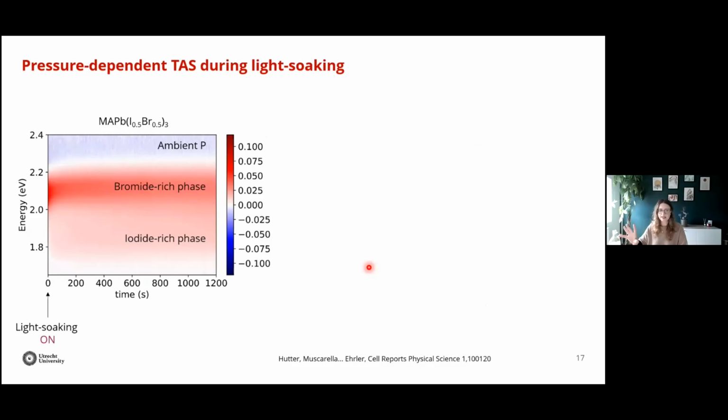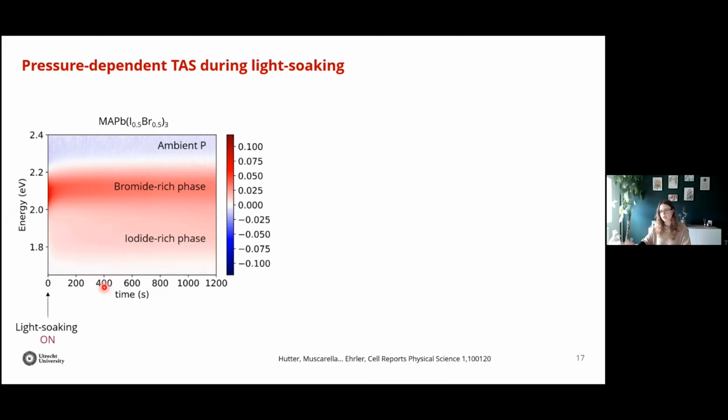So we now fix the delay time and we do the real time experiment. So immediately we see that when you start light soaking, you have the formation of bromide-rich phase and iodide-rich phase. So it's really something super quick, so within 1 or 2 seconds.